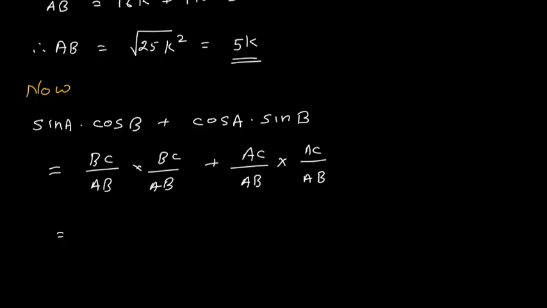So this will be BC square upon AB square plus, here you write this as AC square upon AB square. Now the value of BC upon AB.